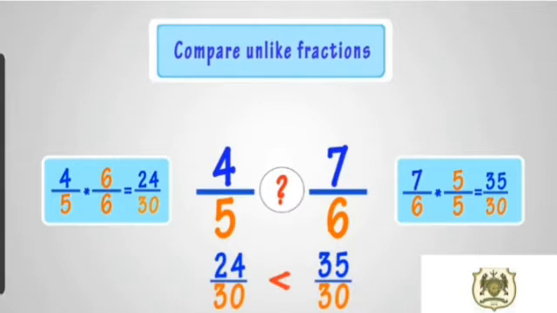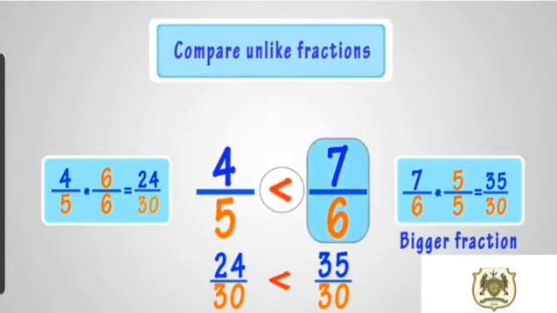Here 24 is smaller than 35, or 35 is bigger than 24. Thus, 35 upon 30 is a bigger fraction than 24 upon 30, which was actually 7 upon 6 is greater than 4 upon 5. So, we are going to put the sign towards 7 upon 6.